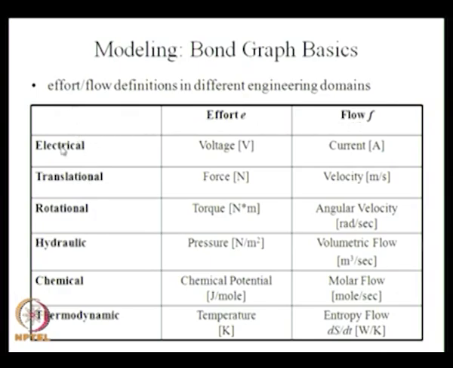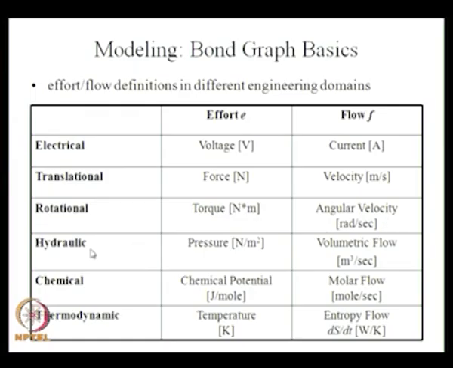In the electrical domain, the effort is voltage and flow is current, and voltage times current gives you the power. So multiplication of effort and flow gives you the power. In translational motion, force is the effort and velocity is the flow. In rotational motion, torque is the effort and angular velocity is the flow.